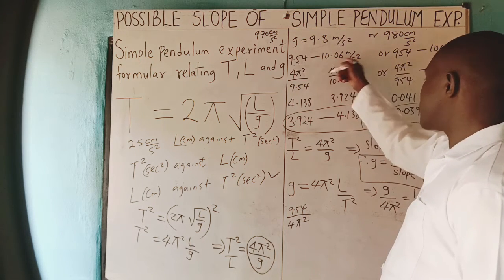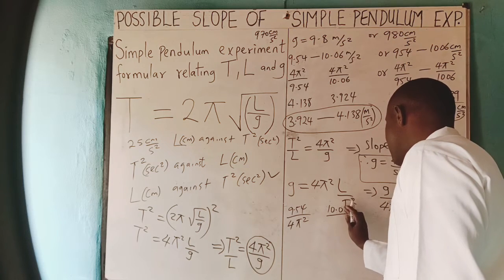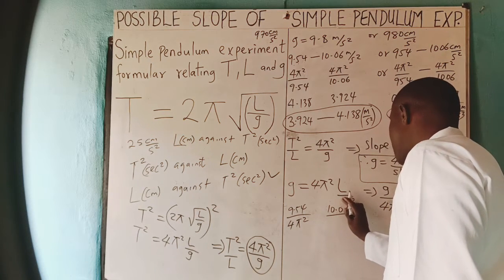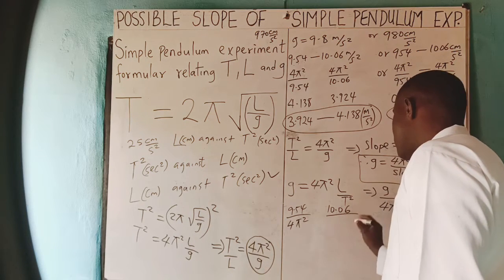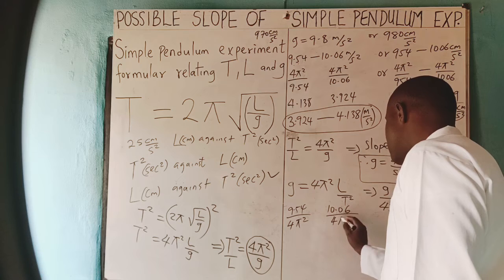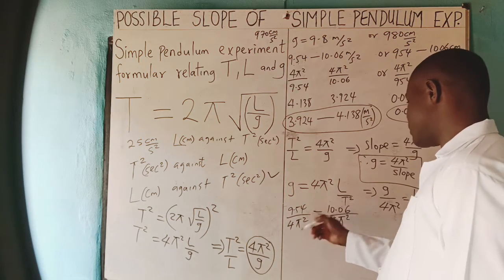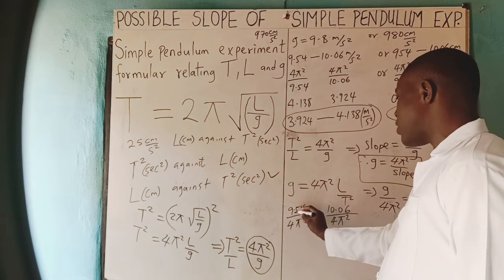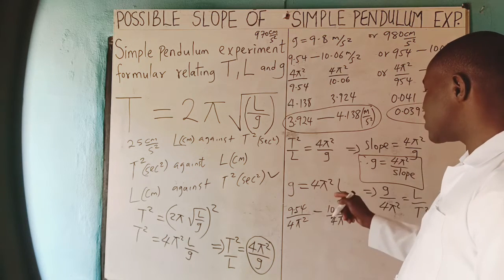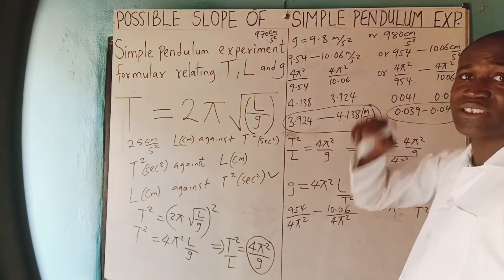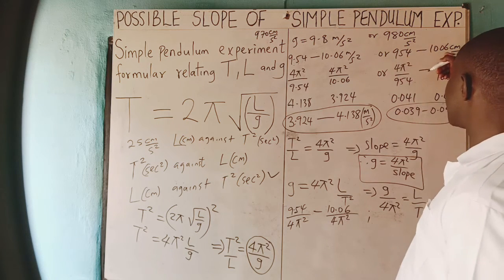Then for the 10.06, I should be having 10.06 all over 4 pi squared. That is the range. We are considering the range now, which is between 9.54 and 10.06, and this is the G we are talking about, the acceleration due to gravity, which is the major aim of performing simple pendulum experiment.